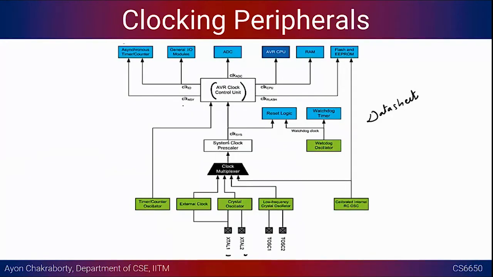There is an asynchronous clock, an input output clock, an ADC clock, a clock for the CPU, and a clock for accessing the memory. The way you are accessing the memory, fetching the operands and the instruction, takes time, so some clock cycles will be expended there. All of these different things will use some reduced version of the clock rate, which is much lesser than the main system clock.